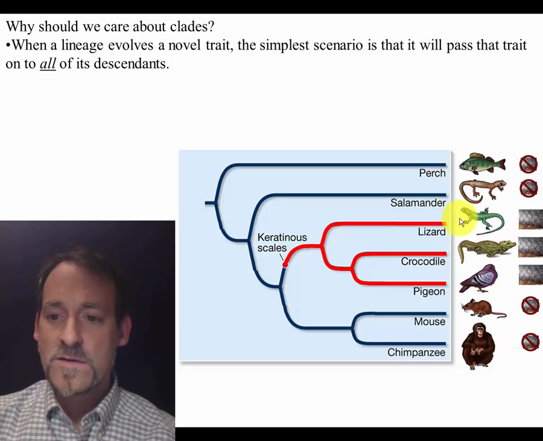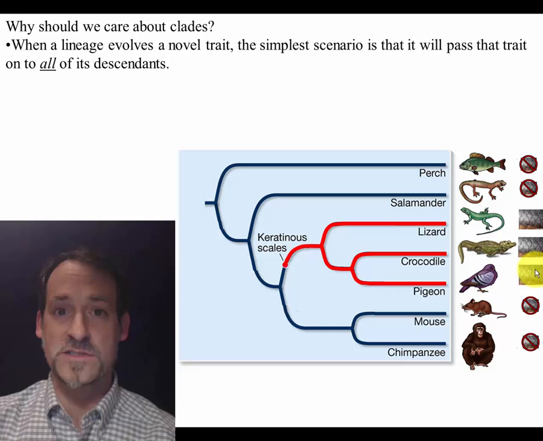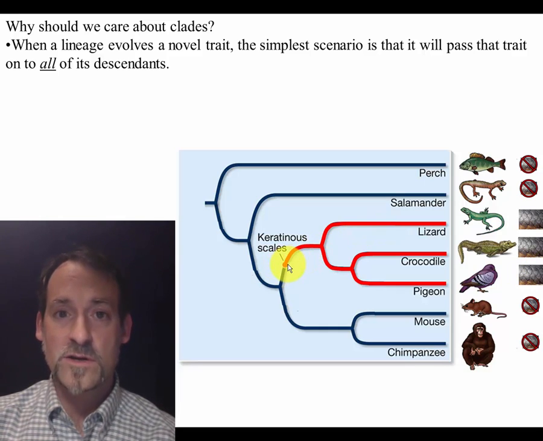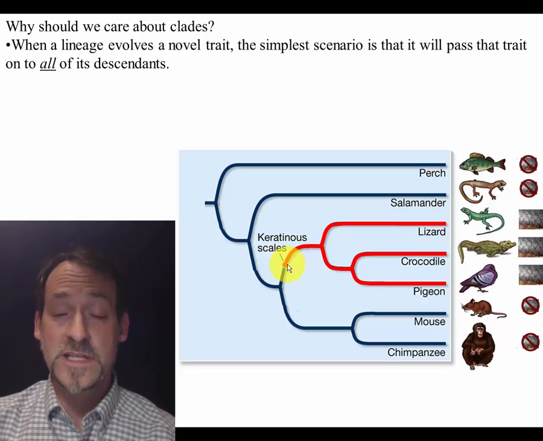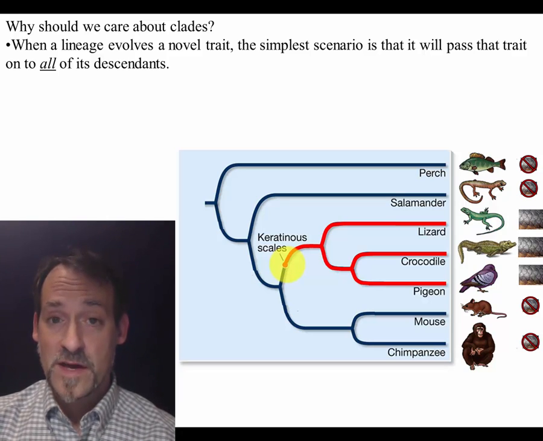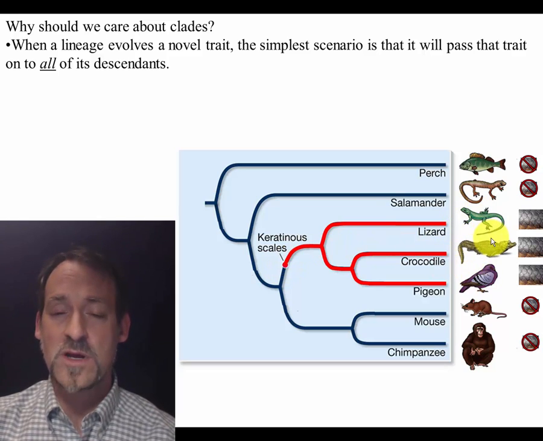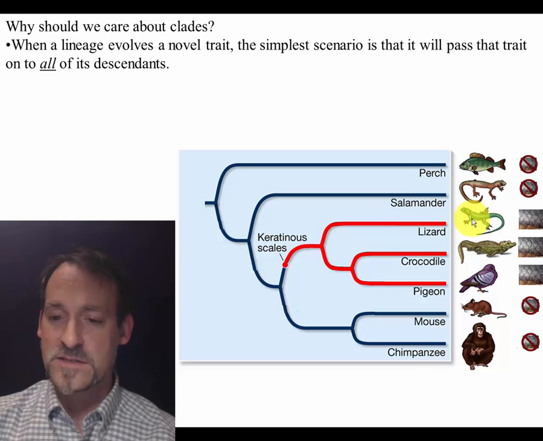The reason that all of these organisms share this particular character state is because they are all descended from this long ago common ancestor that was the first lineage to evolve that particular character state. And it passed that character on to all of its descendants.